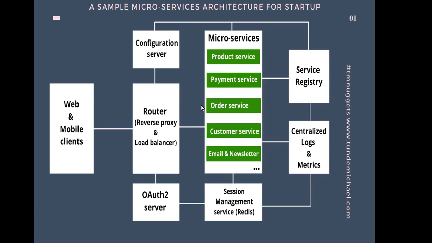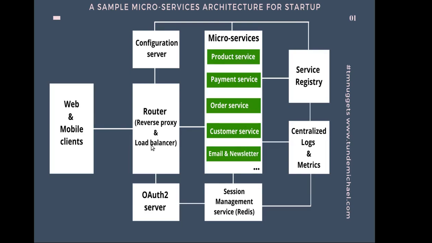So here's the real architecture that we've been talking about. We've already talked about each of the modules here in the previous slides, so let me just brush through this once again and point out a bunch of the things we've talked about. We have the mobile and the web clients who are trying to get access to the microservices within our system, but they do not have direct access to these microservices.